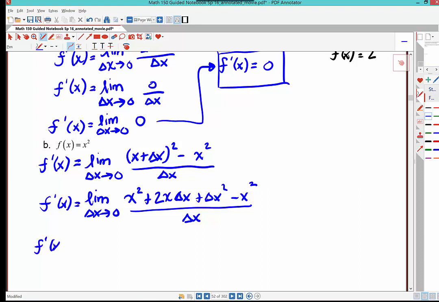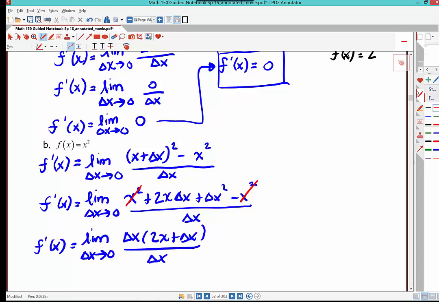And we'll get f prime of x equals the limit as delta x approaches 0 of, do you see that the x squareds zero out? And then we'll be able to factor out a factor of delta x, and we'll be left with 2x plus delta x all over delta x. Delta x divides out to be 1.